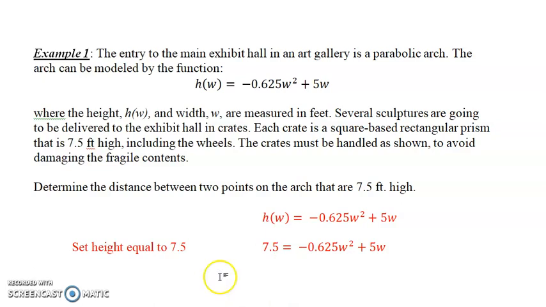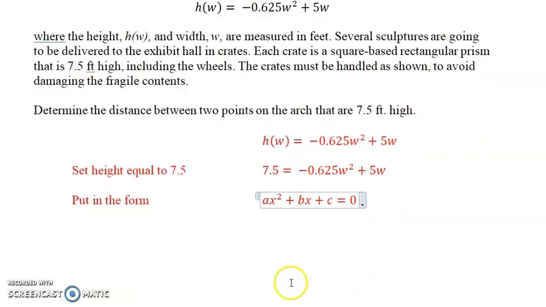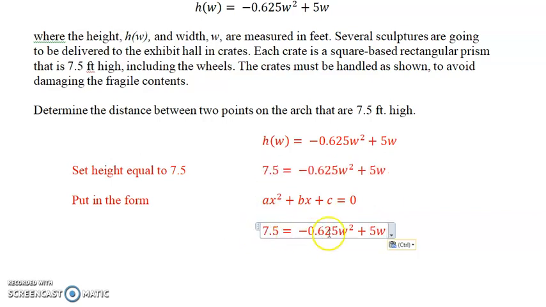The second step is we need to put it in the form of ax squared plus bx plus c. All right. So basically, we want to have, and again, the zero can be on either side of the equal sign. It can be on the left-hand side or right-hand side, and then everything to one side, just like we did in some of the practice earlier on. So we'll take the equation.